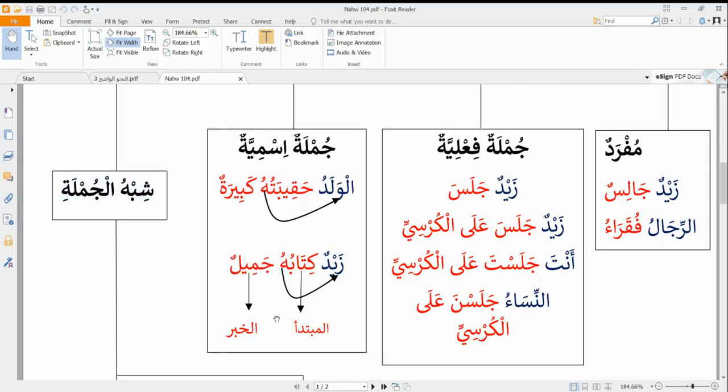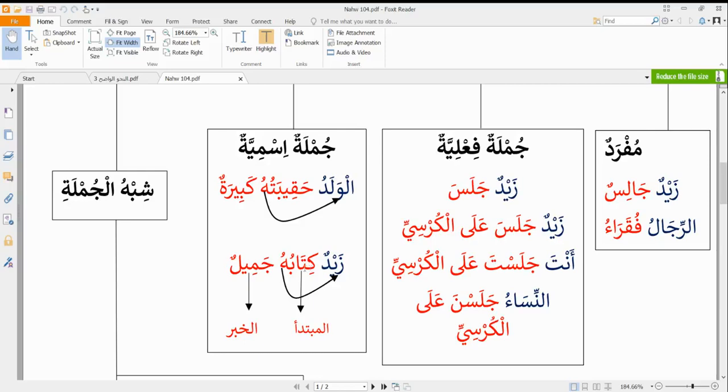Of course, if we look at this sentence, we have another mubtada and khabar there. We can see kitab, just like we have Zaidun kitabuhu jamil. We've labeled it here that, of course, inside this Jumlatul ismiya, we also have another mubtada and khabar. So kitab is a mubtada because it is a mudaf, so it is ma'rifa, and jamil is the khabar to kitab.